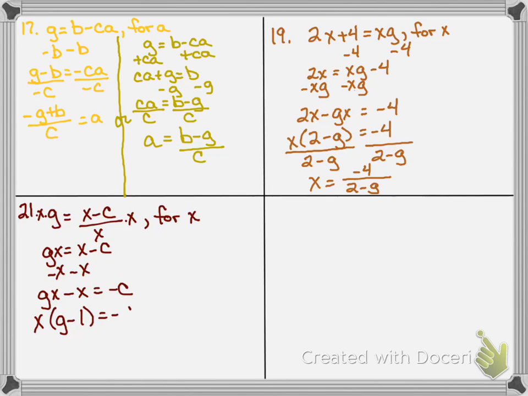So I have x times g minus 1 equals -c. I'm going to divide by g minus 1, and therefore x is equal to -c divided by g minus 1.